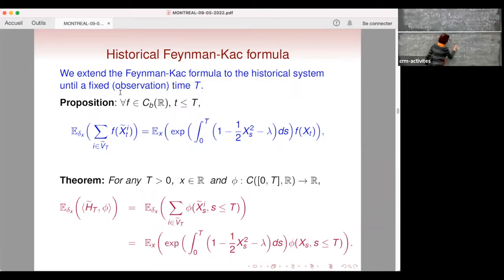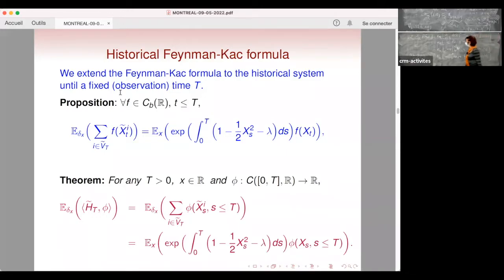Sorry, the previous lemma was written here, it's for a fixed t. Now we can replace: this is F t measurable, and then we will have here the exponential of the integral from t to capital T of h of x s ds. That's the Markov property of the underlying process x t, and so we have the result.